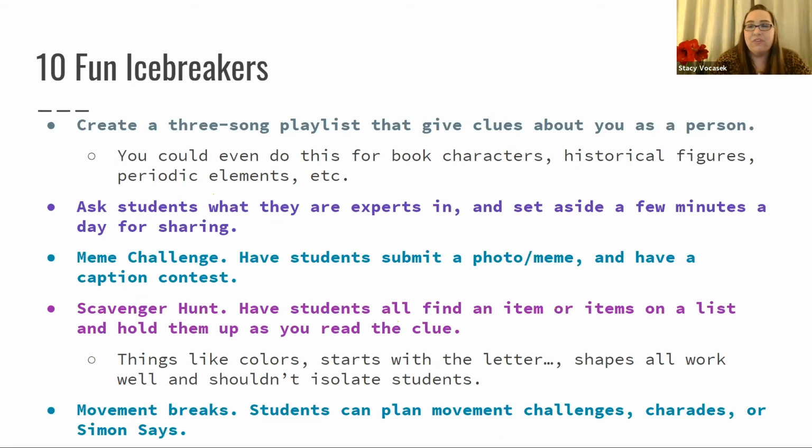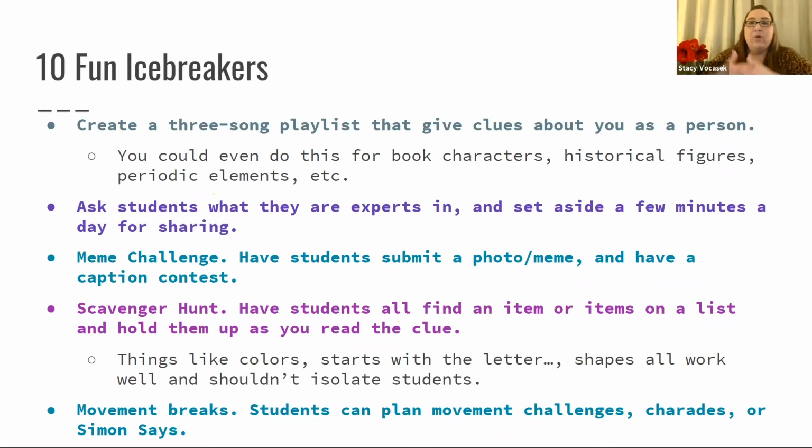We did one for our whole school and had our cohorts run around and do the scavenger hunt. And I was really mindful about the things that I was asking the kiddos to find. So instead of being really specific, I would say find something that's yellow.